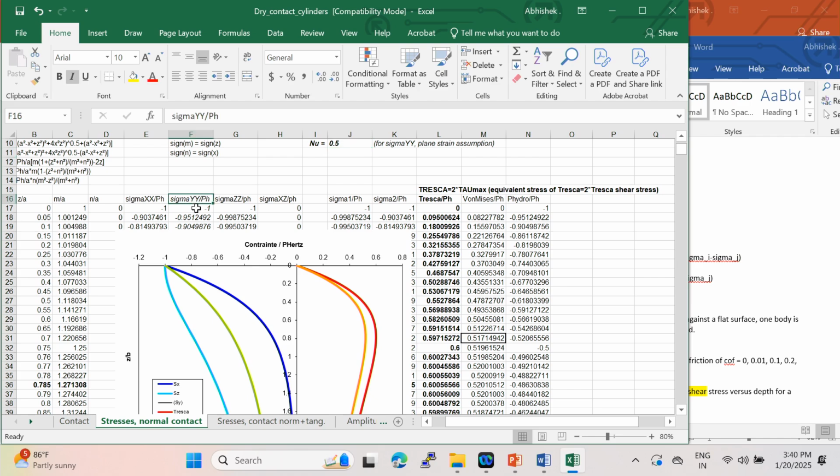This is the equation, and the first term corresponds to the Poisson ratio, and the two other terms correspond to sigma xx and sigma zz.